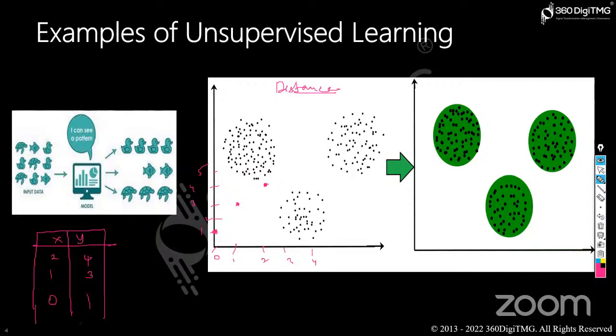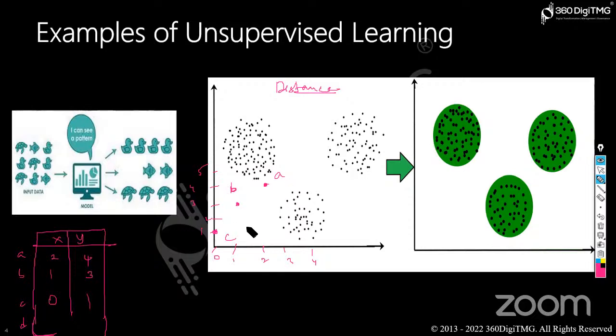Now if I look at this, this is A, this is B, this is C. Assume A, B, C. I also have other different values. So how do I know whether A is close to B, or B is close to C, or B is close to A?